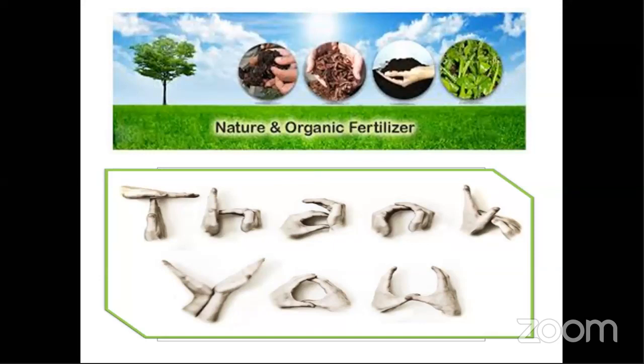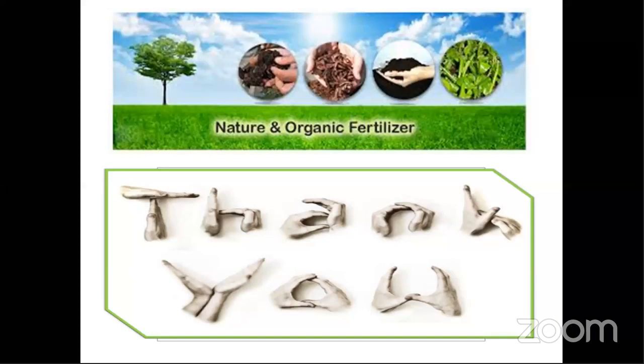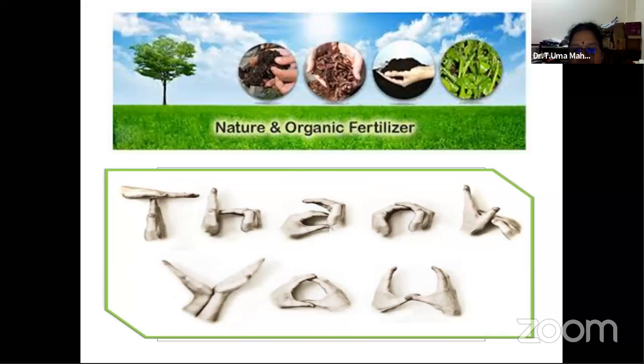Is there any possibility to decrease the time taken to make the vermicompost, ma'am? That also we have an idea, by fastening the decomposition process. When you get any waste material, usually it will be very hard, so it has to get decomposed.